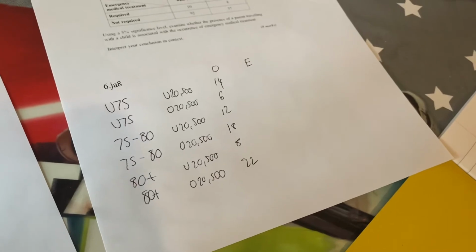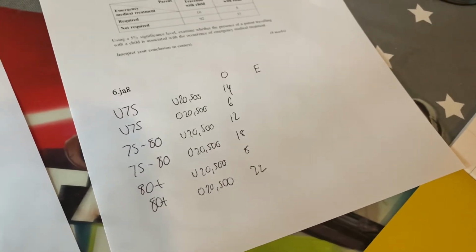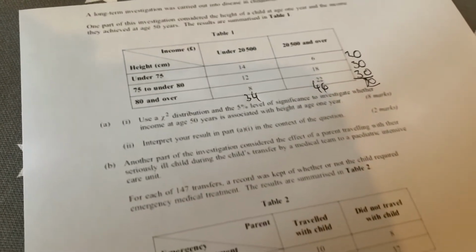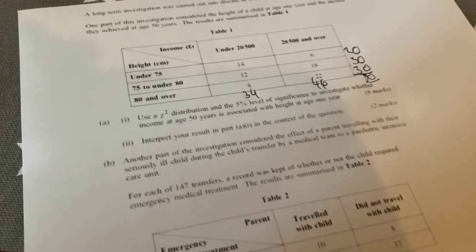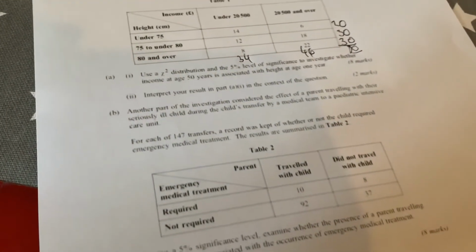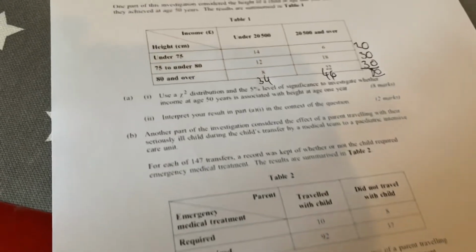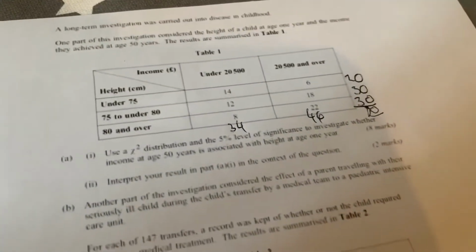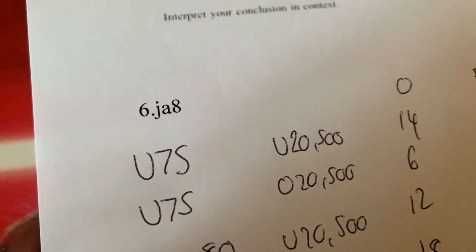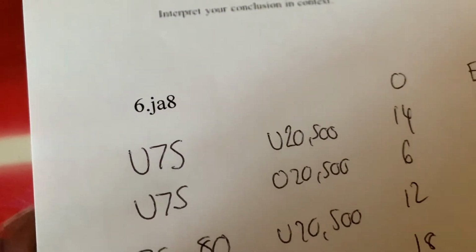Now we're going to move on to our expected data. Now this is why completing our rows and columns total is important, because we need that. Because all we do for each one, we do the row times the column total divided by full total. So I'll do the first couple with you. So you can see the first one is under 75 and they're earning less than 20,500.